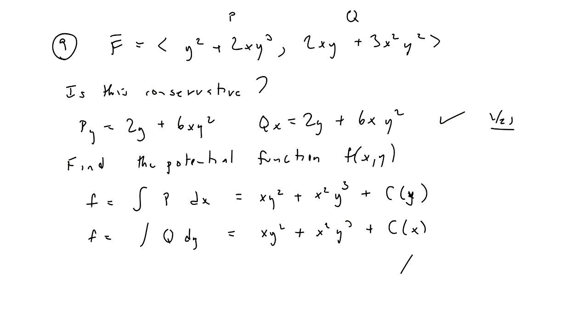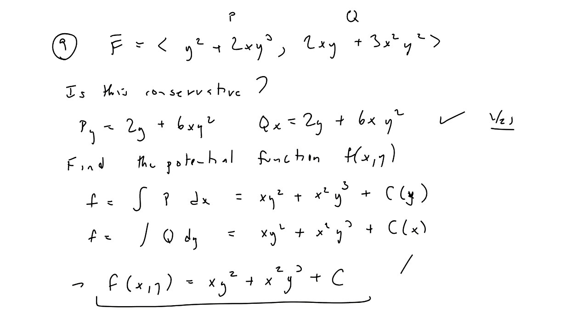Again, we might be getting the other variable. In this case, they're exactly the same thing, so we don't get anything new. And therefore, now I can make it just a regular plus c.